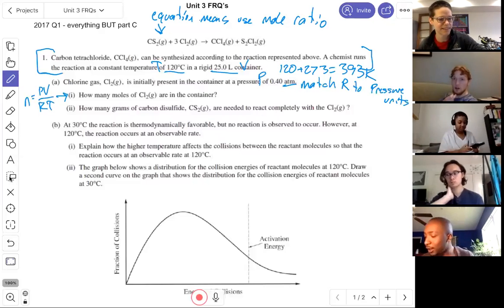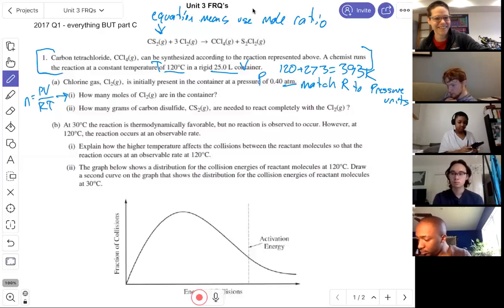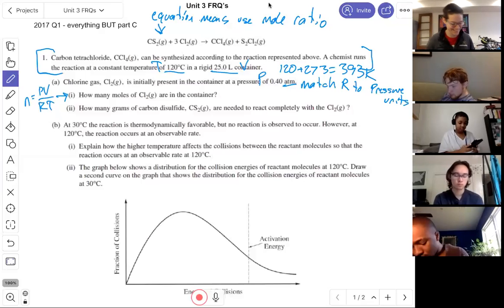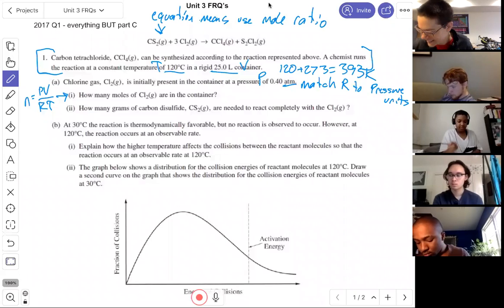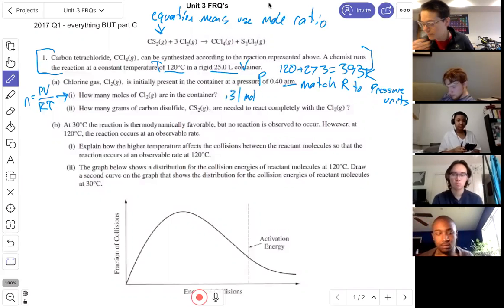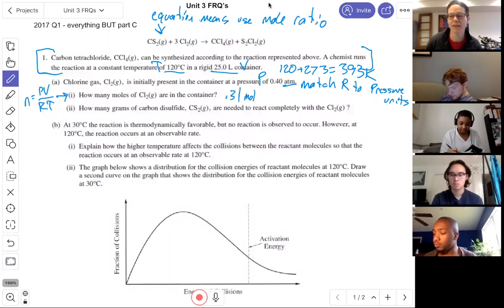Yes, I'm calculating right now. 0.31 moles. That's what I got as well. Okay. Yeah, me too.